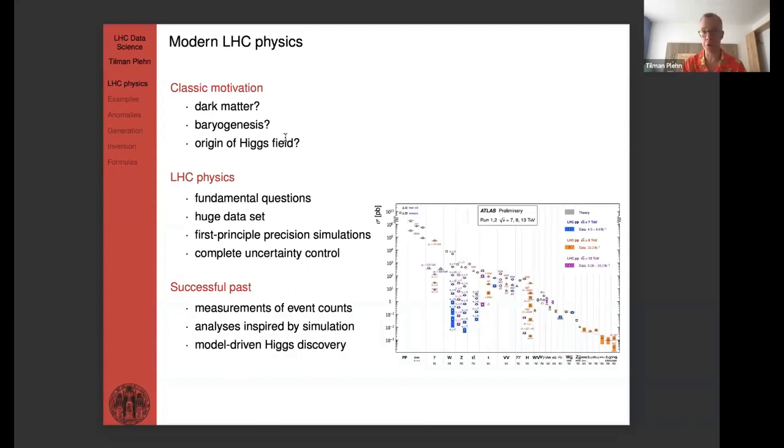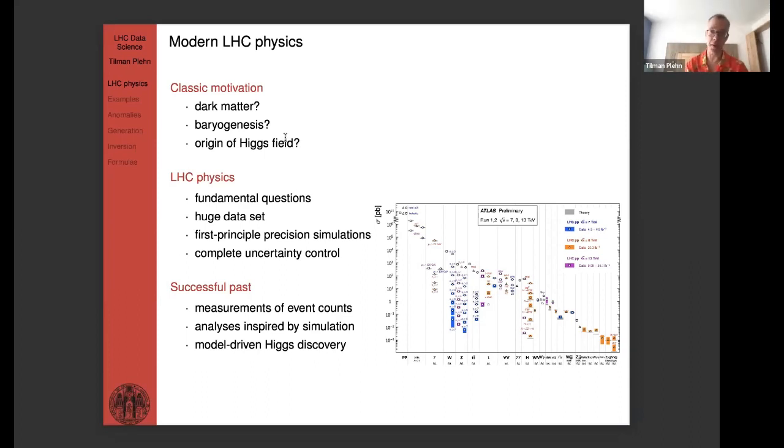Before we talk about the future, we should remind ourselves that in particle physics we have a very successful past. Not only at the LHC, but even before, people measured couplings and masses essentially by counting events. All we do is count events. Then we do analyses, and in phenomenology, theorists think about what would be a cool analysis, explain it to our experimental friends, and they improve it and carry out these analyses.